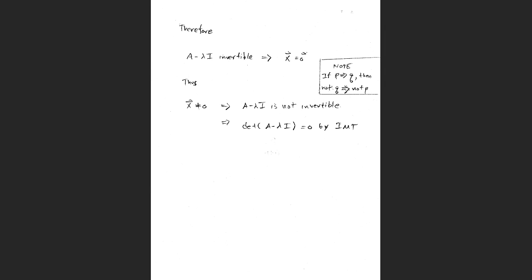So if we don't want our vector x to equal 0, then A minus lambda I cannot be invertible, and hence the determinant of A minus lambda I is equal to 0. That is called the characteristic equation, and that's how you're going to find your eigenvalues.